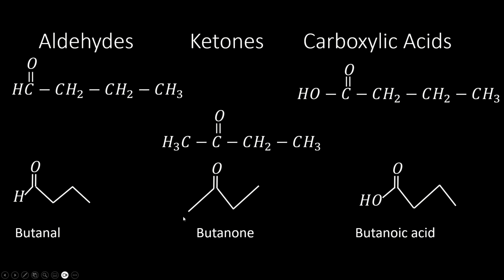It wouldn't matter if you put the carbonyl oxygen bonded here or here, because it would actually still be the same molecule. And we have 1, 2, 3, 4 carbons, with the carboxylic acid group being the first carbon. We could then draw a line structure like so, and we would call that butanoic acid.